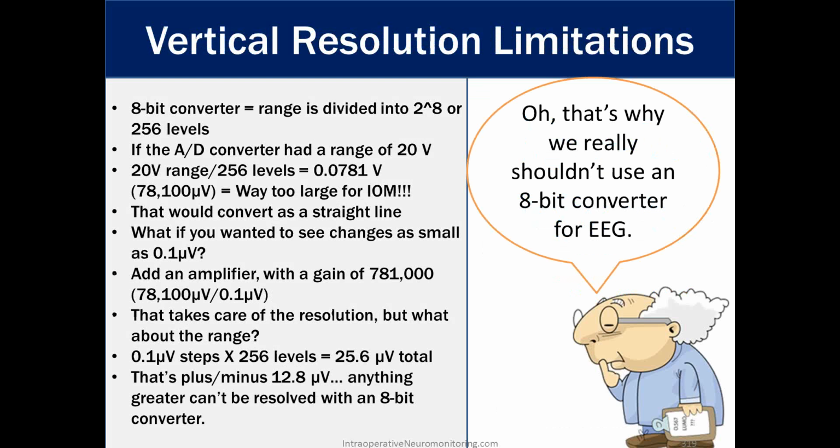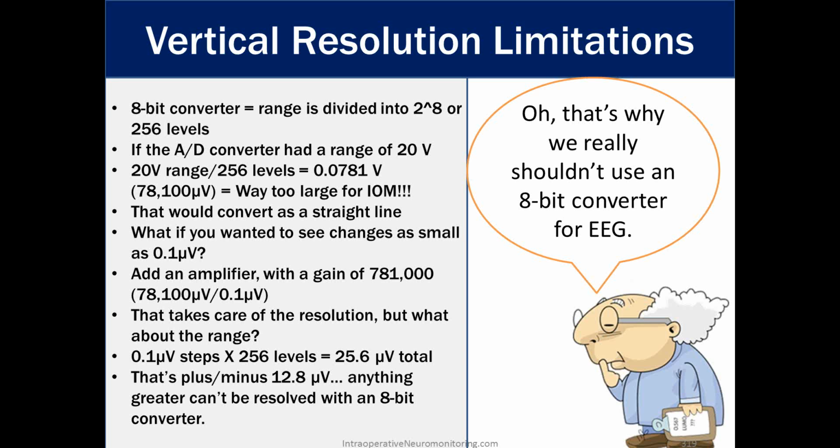Vertical resolution limitations. For an 8-bit converter, the range is divided into 2 to the 8th power, or 256 levels or states. If the AD converter had a range of 20 volts, the 20 volt range divided by the 256 levels equals 0.0781 volts, or 78,100 microvolts, which is way too large for neuromonitoring.